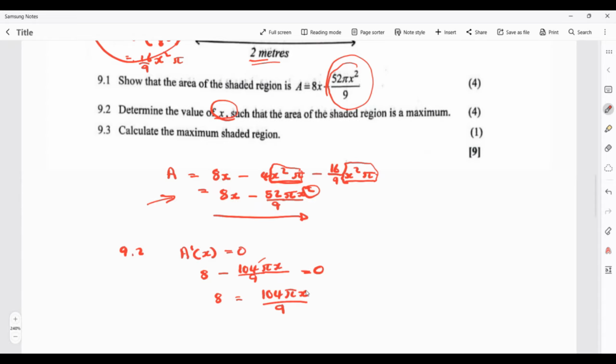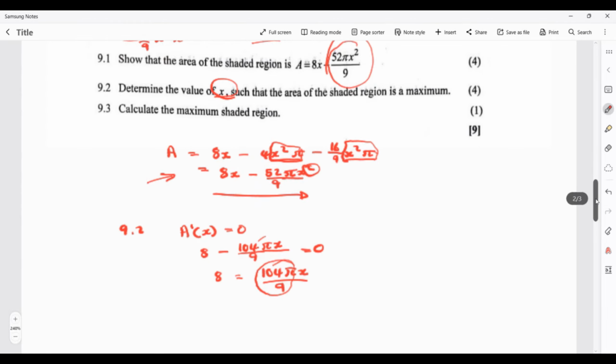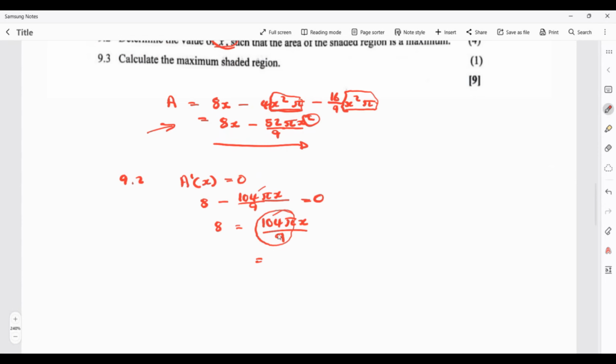Then I can divide both sides by that number so that I'm left with x. But another simpler way, because I might lose some of the students, let me go back and not apply that method.